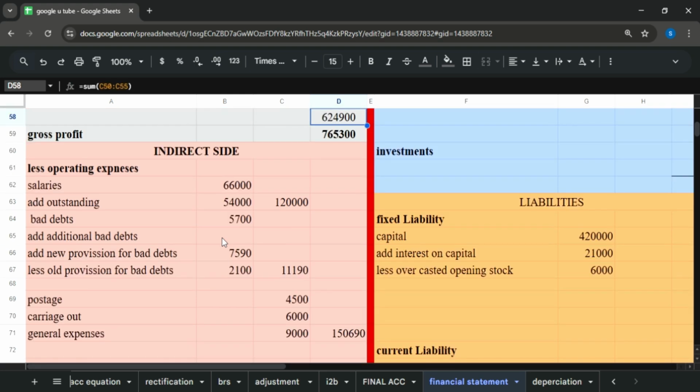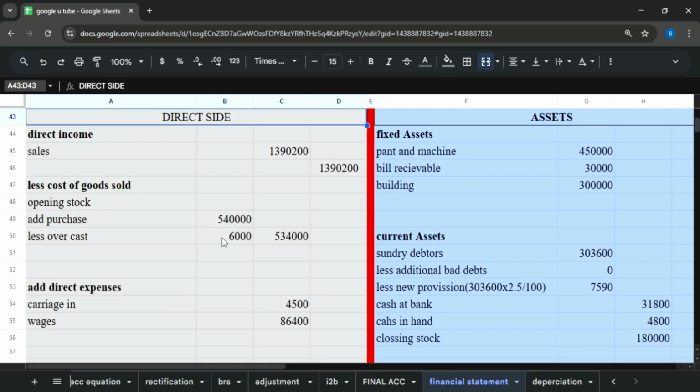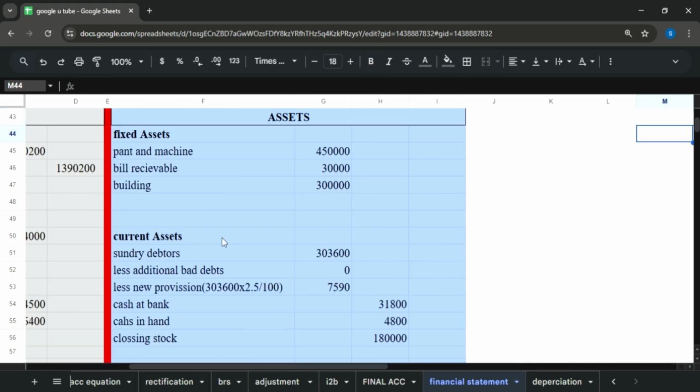Now let's start our asset side calculation. There is no depreciation and we have written bill receivable over here. This should be mentioned in current asset. Write down.